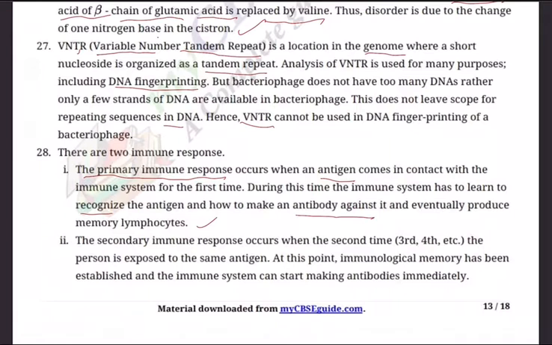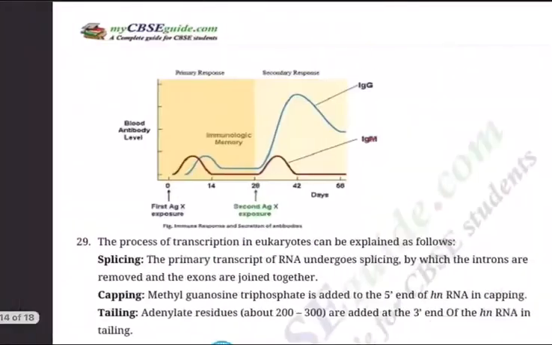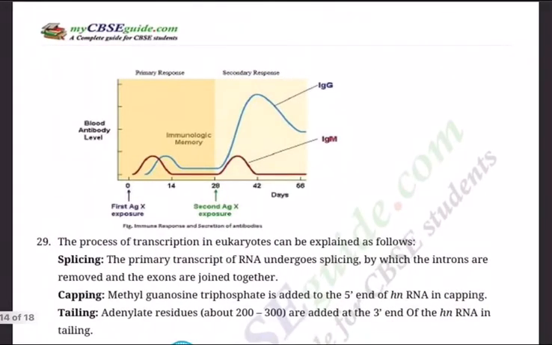Whereas the second one is the secondary immune response, which occurs when the second time or third, fourth, whatever it is, the person is exposed to the same antigen. At this point, immunological memory has been established and the immune system can start making antibodies immediately. It is based on memory.